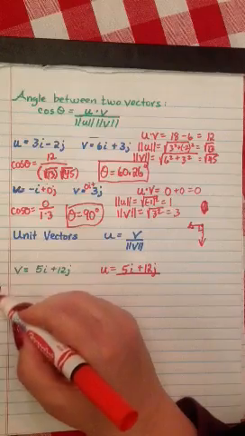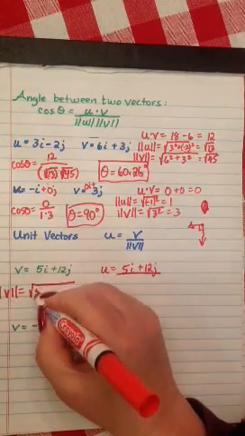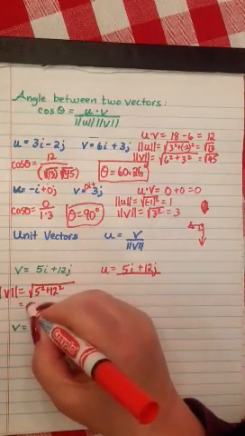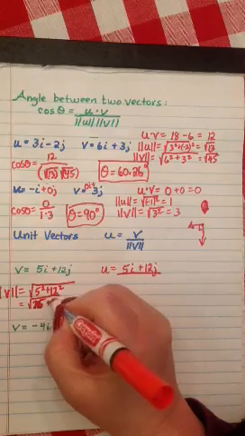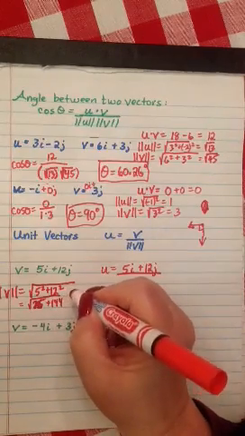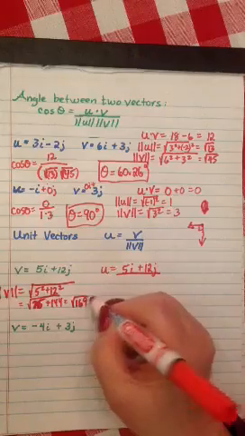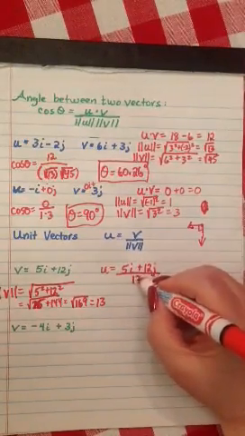So the magnitude of v would be equal to the square root of 5 squared plus 12 squared, which would be 25 plus 144, which is square root of 169, which is indeed 13. So the magnitude of this is 13.